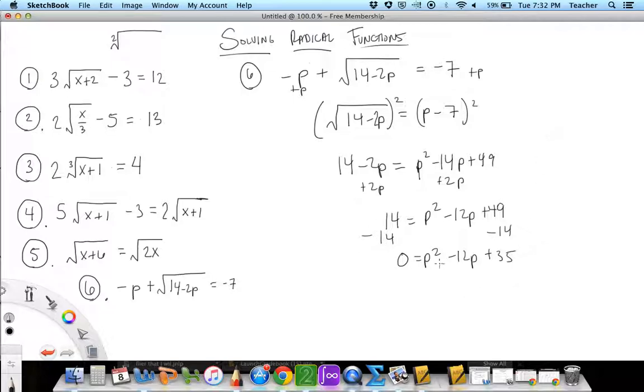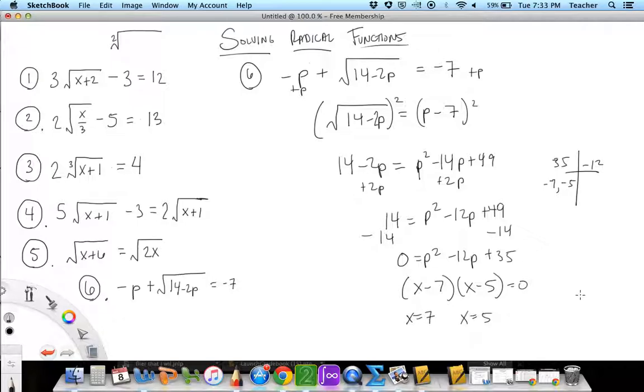All right, so in this case, I need to find two factors of 35 that would equal negative 12. If you figured that out, that would be negative 7 and negative 5. So it would be x minus 7, x minus 5 equals 0. That would mean x equals 7 and x equals 5.